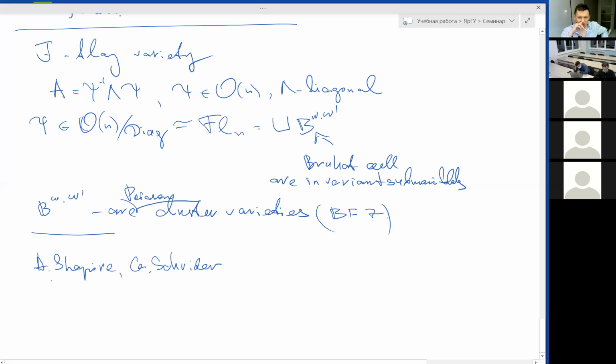They examined the cluster transformation in cluster varieties related to these double Bruhat cells, but in some particular case.